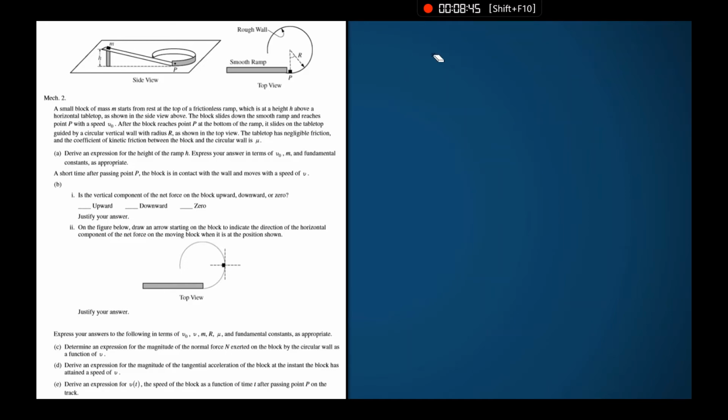Part C. We're going to derive an expression for the magnitude of the normal force exerted on the block by the circular wall as an expression of v. Can you think of any equation involving a normal force right now using our top-down view?